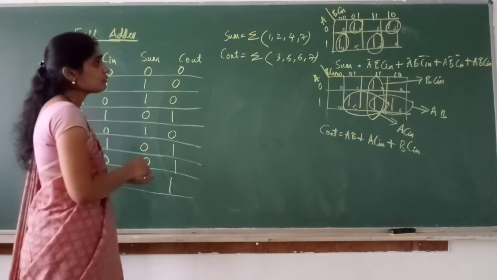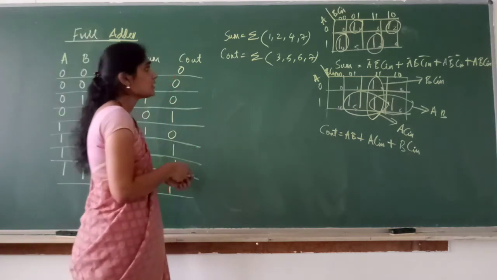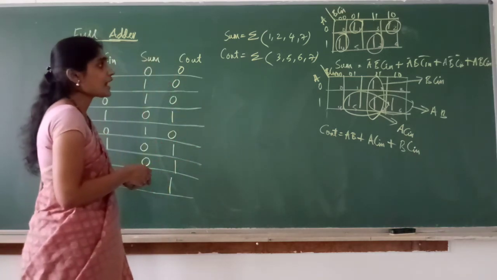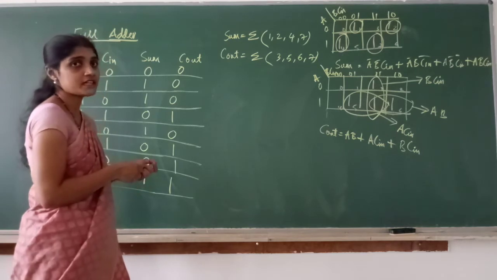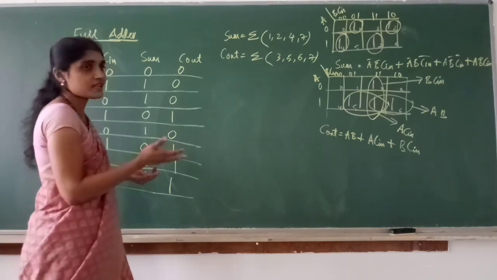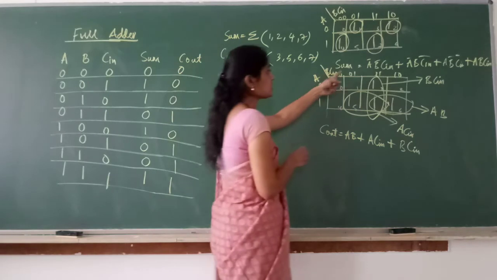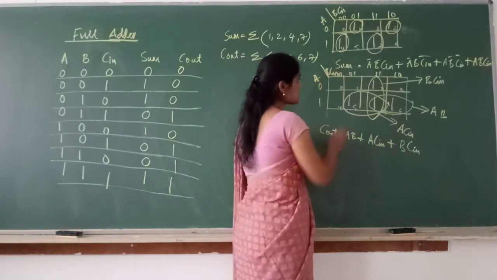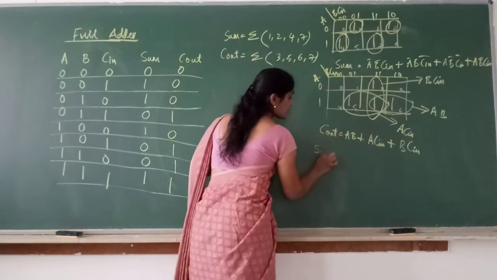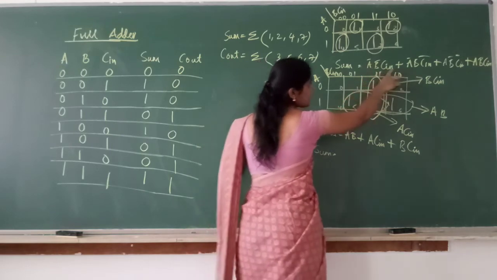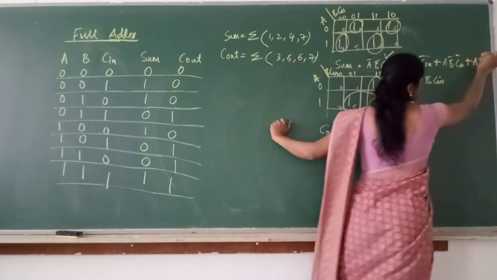Now write the circuit. Again, let us write the circuit for the adder using basic gates first, or you can even simplify this. Let me simplify for sum. Can I take C in common between these two terms?